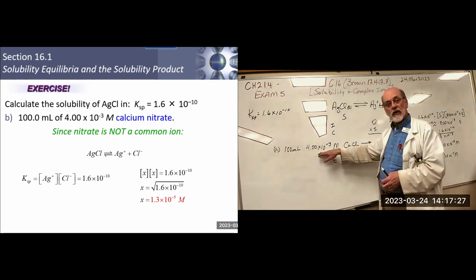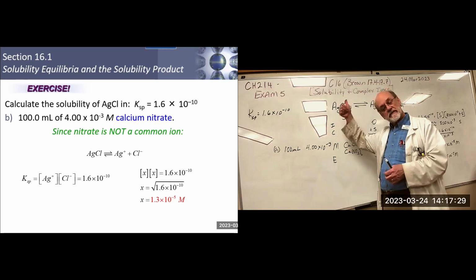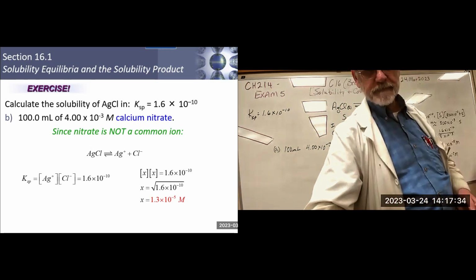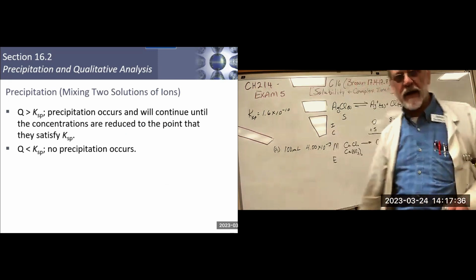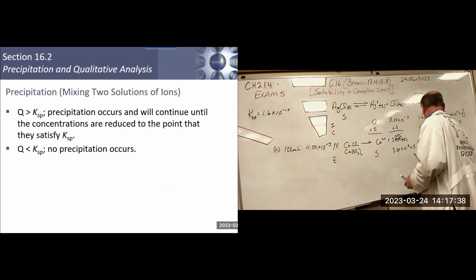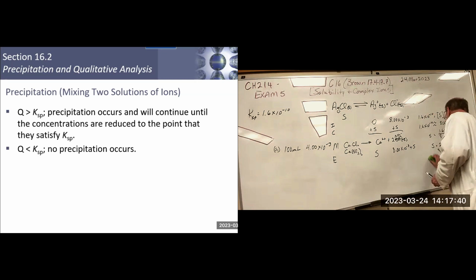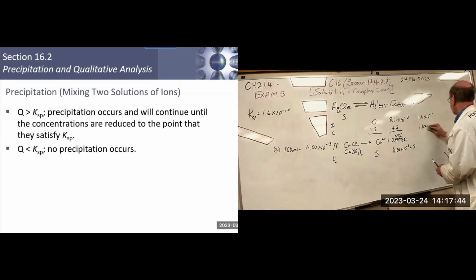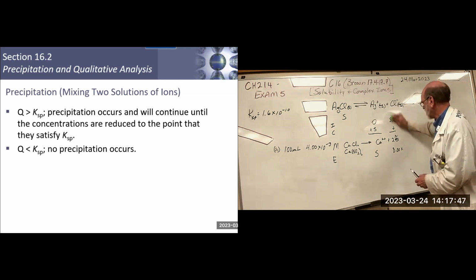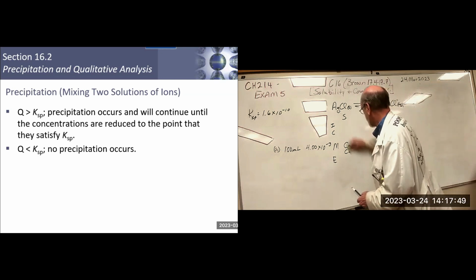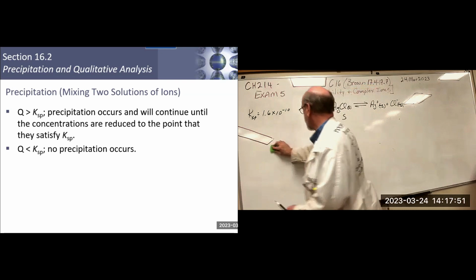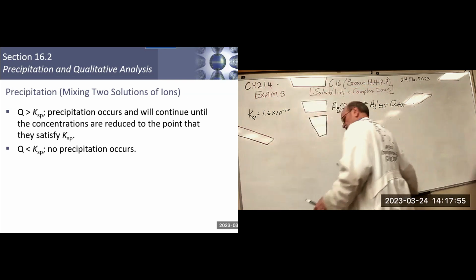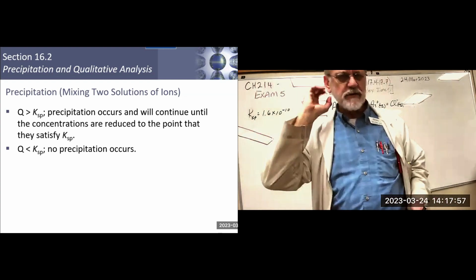If we make this a smaller concentration, then the solubility of silver chloride will increase. I'm going to leave that right there just for a second. I may need it to discuss.